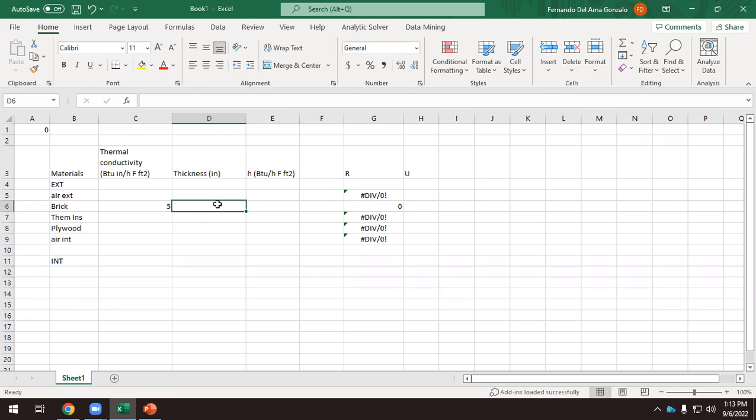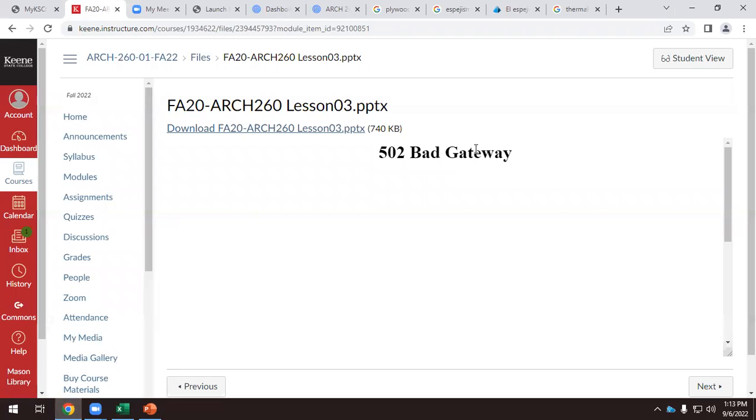matters, especially because, for example, when it comes to the thermal insulation, I can decide the thickness. For bricks or concrete walls, I cannot say, okay, I want 7.5 inches or 2 feet and 3/4 of an inch. Bricks, usually they are manufactured and they are the same all over the world.